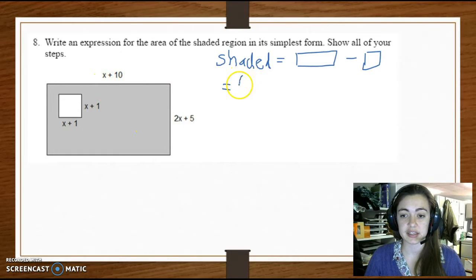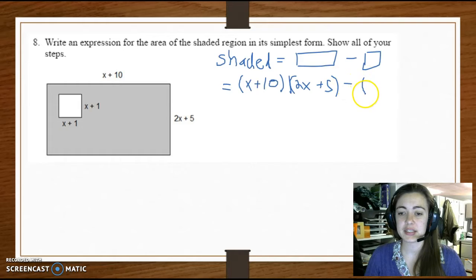So in this case, it's x plus 10 times 2x plus 5, minus x plus 1 squared. So let's simplify. The first one, we'll do the distributive property.